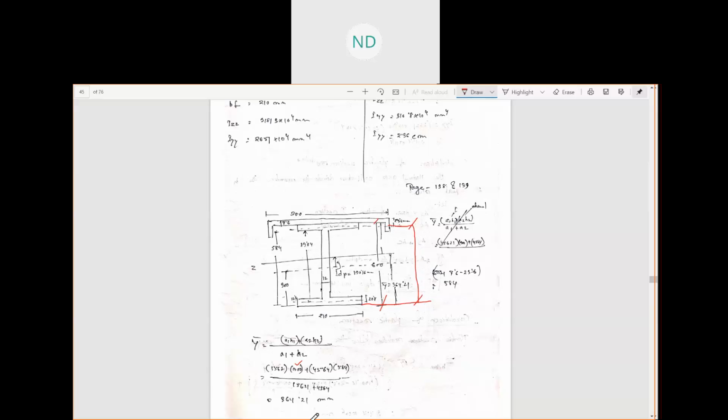Okay, so we got our y bar to be 364.21 mm, which is this distance.